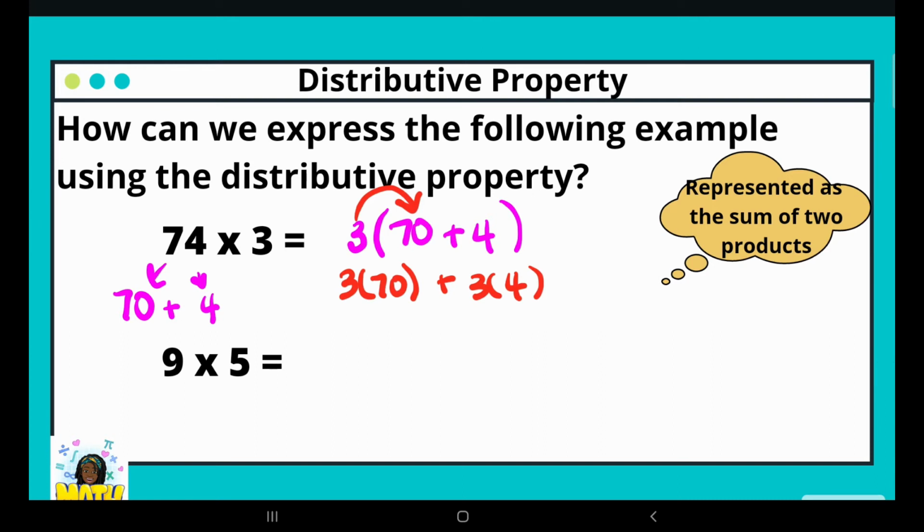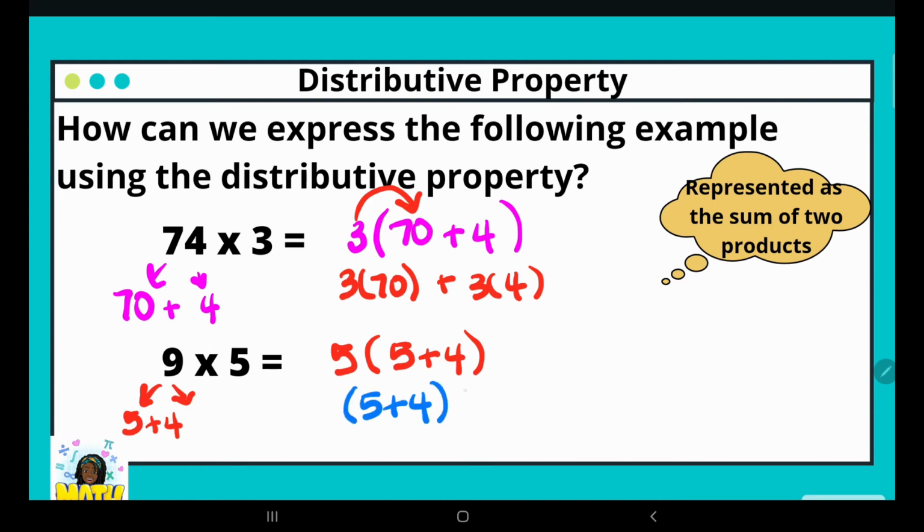If I wanted to break up the number 9, I can split it into 5 plus 4. And now I can multiply that sum by the 5 that's being multiplied here. So 5 goes on the outside, and then I can rewrite the 5 plus 4 on the inside of the parentheses. You could have also written this as 5 plus 4, and then have your 5 on the other side of the parentheses.